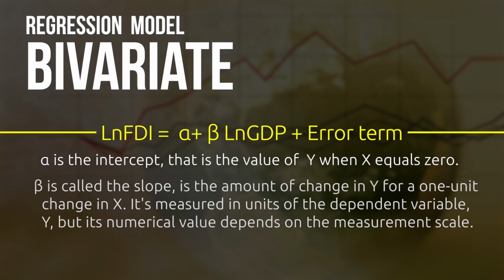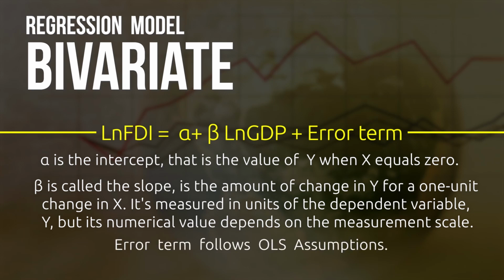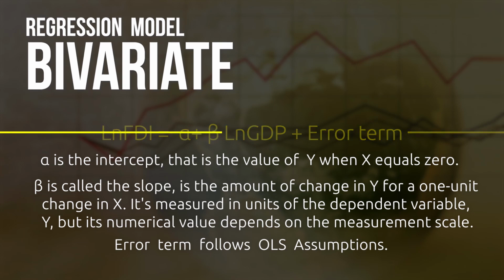Beta, as usual, is the slope, which also explains the marginality in this equation. That means if there is a per unit change in the level of GDP, how the FDI is affected is captured by beta. And finally, in order to apply the OLS model, the error term must follow the OLS assumptions.